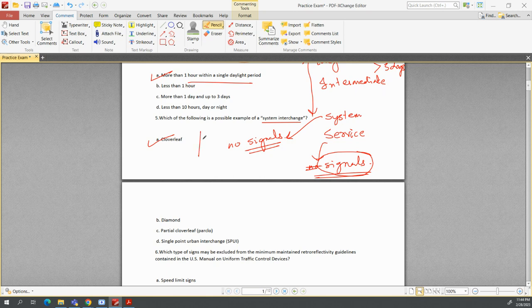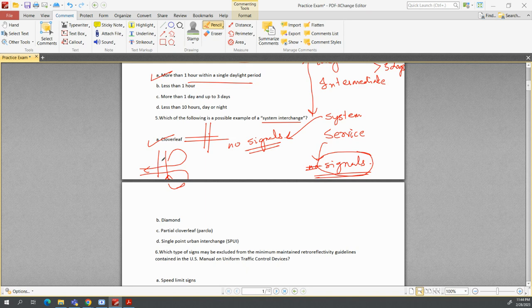If this is a freeway and this is a freeway, these cars will directly, oh, I'm sorry, let me draw it here. This is a freeway and these cars will directly go to this, and this is another freeway, right? So there will be no at-grade intersection, and these cars will directly go like this. So you see there are no signals or intersections, right?